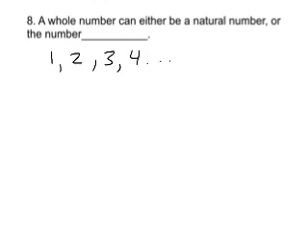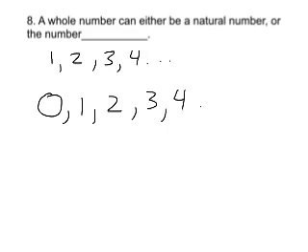They're all the counting numbers, something we've been using since we were little kids. The whole numbers have only one thing in addition, and that is 0. 0, 1, 2, 3, 4, and so on. So the number that's missing here is 0.